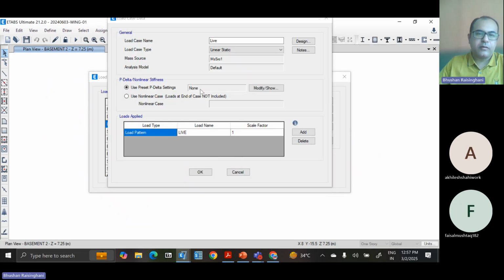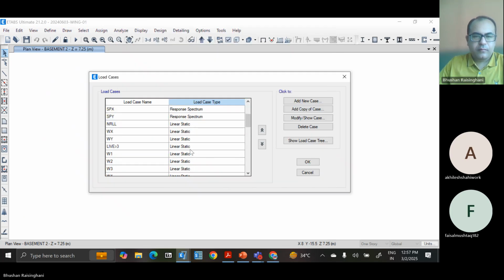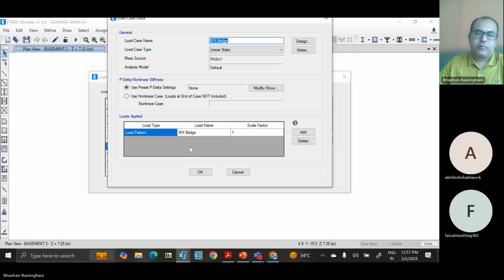There is no preset P delta option considered here. So here it is none.